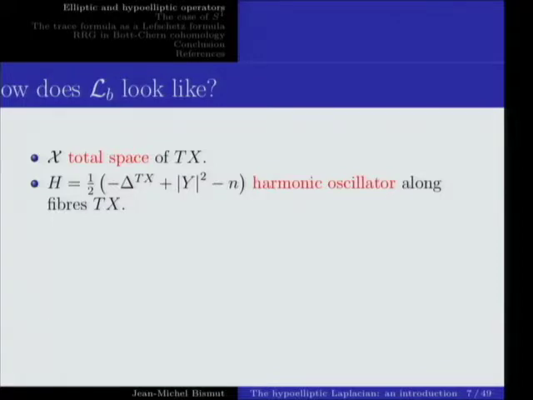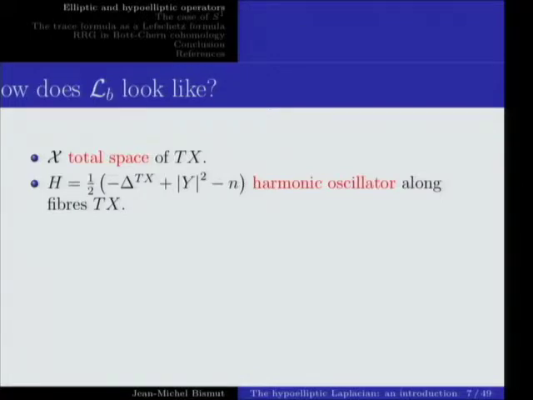You have this big space whose fibers are the tangent bundle, and I introduce a well-known self-adjoint non-negative operator along the fiber, which is the so-called harmonic oscillator along the fibers TX.